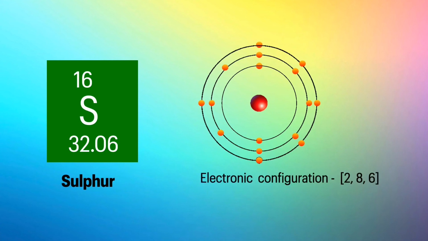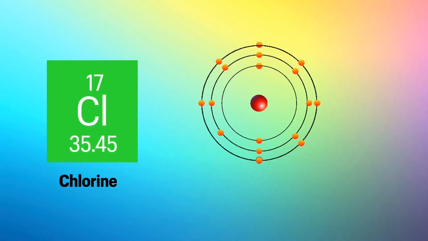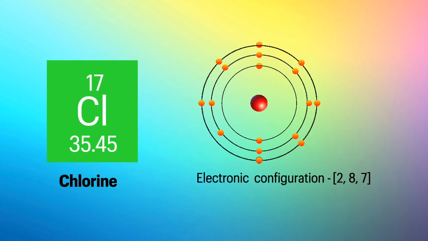So the electronic configuration is 2-8-6. Chlorine has 2 electrons in the first orbit, 8 electrons in the second orbit and 7 electrons in the outermost orbit. So the electronic configuration is 2-8-7.